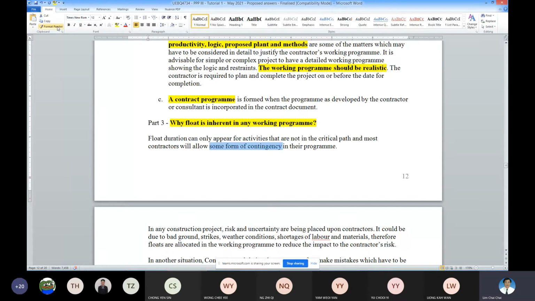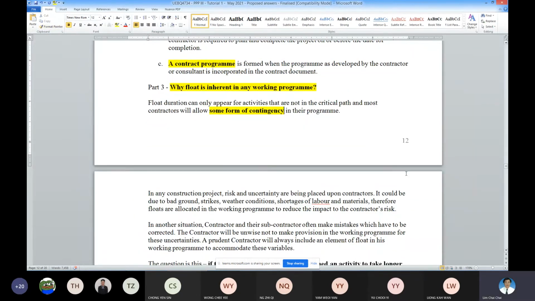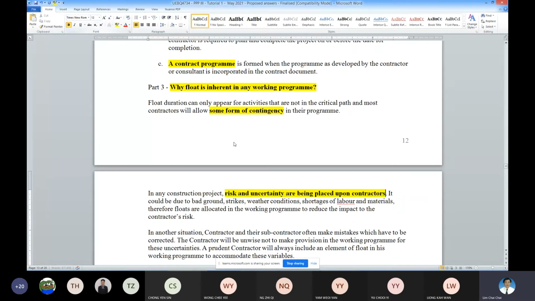Okay, that goes wrong can be due to what? There will be risk, uncertainty upon the contractor. Okay, due to ground condition, materials, weather condition, and so on. So these are the uncertainties that are faced by the employer.